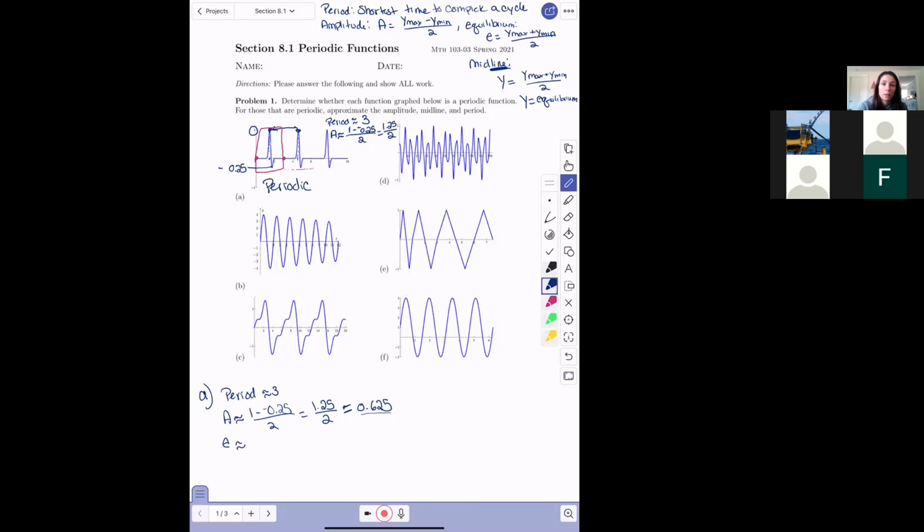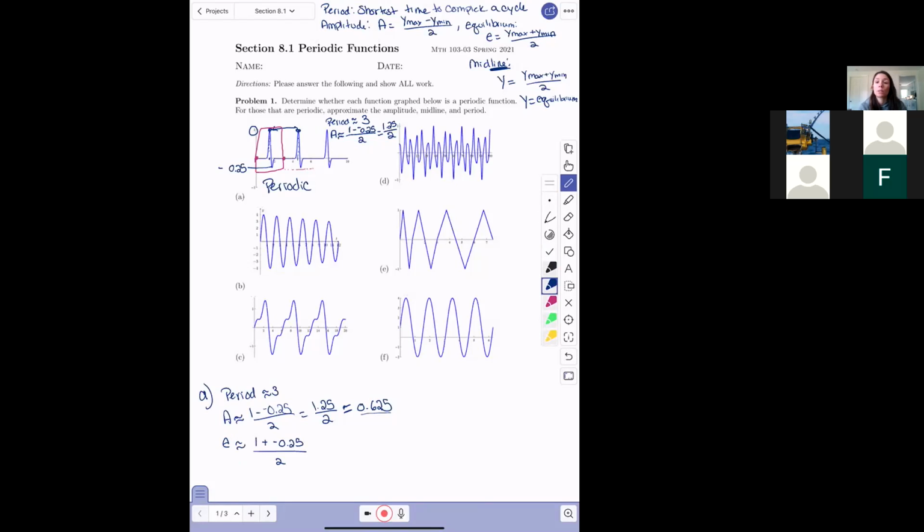Equilibrium is about equal to 1 plus negative 0.25 divided by 2, right?